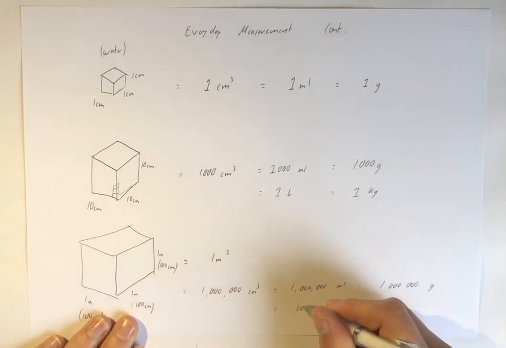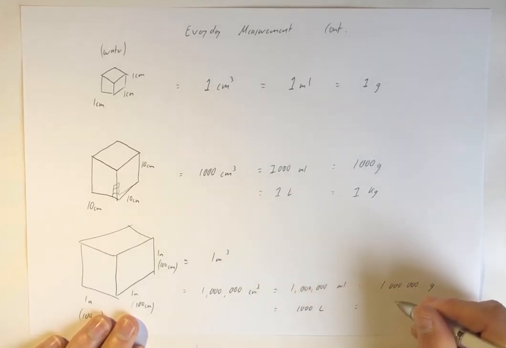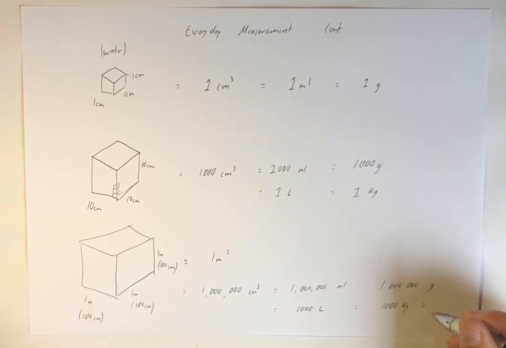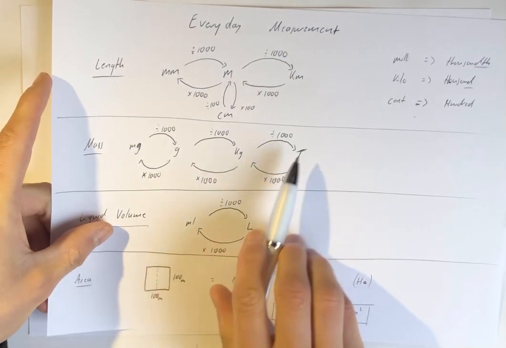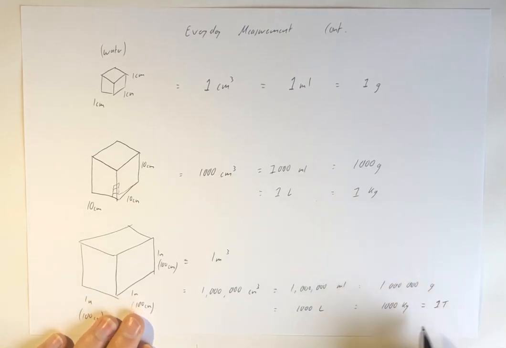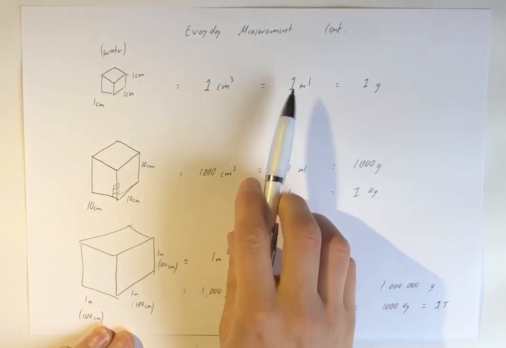So that's 1,000 litres. We convert that into kilograms, that's 1,000 kg, and we saw that 1,000 kgs is a tonne. So that's 1 tonne. Isn't that neat? A centimetre cubed is a mil is a gram.